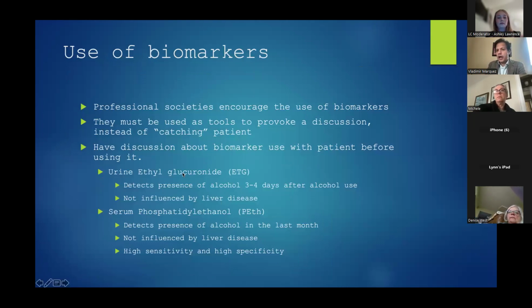There are tests sometimes that we can ask, or biomarkers that we can test in blood or in urine to assess if someone is drinking maybe more than what they are really reporting, or maybe they are reporting that they're not drinking at all.